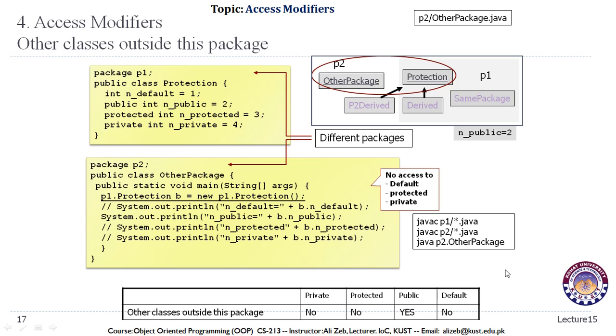So this was our discussion of the access modifiers in the context of inheritance and polymorphism and packages that we discussed in this lecture.